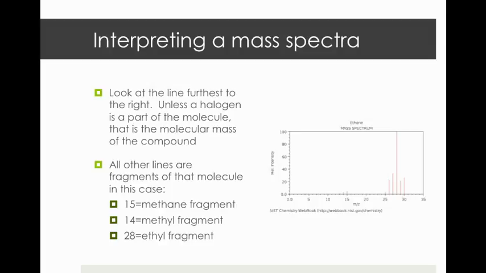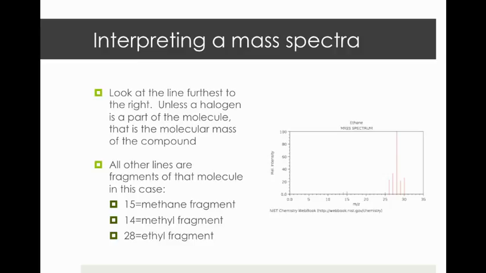On the right here, you see a mass spectrum. Look at the line furthest to the right. If you notice, this is a mass spectrum of ethane. 2 carbon atoms and 6 hydrogen atoms. If you mass out ethane, it comes to 30. Notice the furthest line to the right. It is 30.